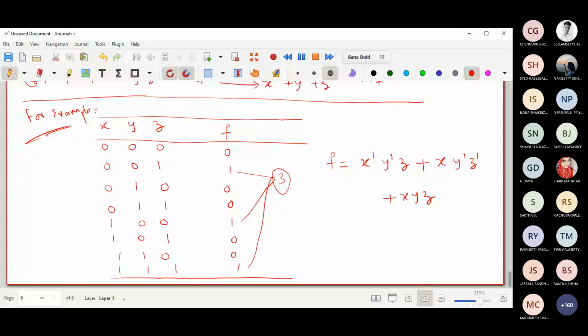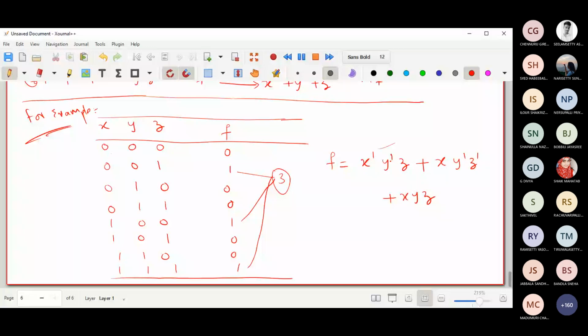So the minterms here are x bar y bar z, x y bar z bar, and x y z. What I am doing here is representing that function in sum of minterms form. ORing is nothing but sum.